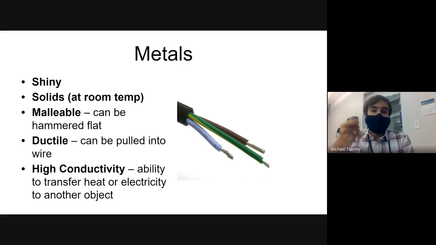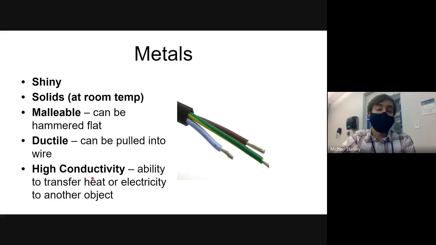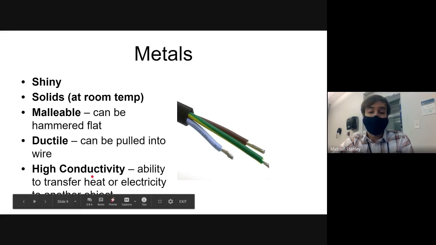But if you were to like jab a plastic fork into your electrical outlet, nothing is really going to happen, right? The electricity has a really hard time going through the plastic and getting to your body. If you take a metal fork and shove it into your electrical outlet, you're going to have a really bad time because that electricity will shoot through the metal and right into your body, which is not a good thing.